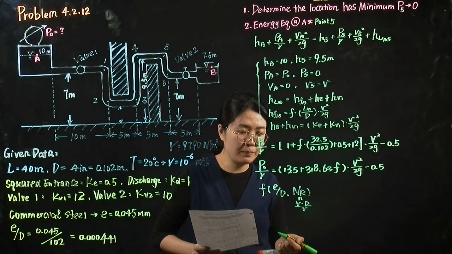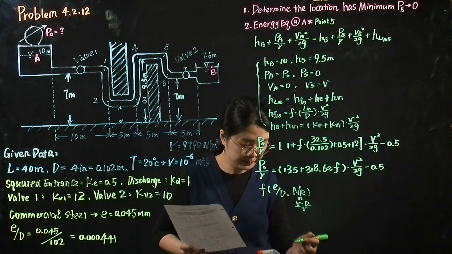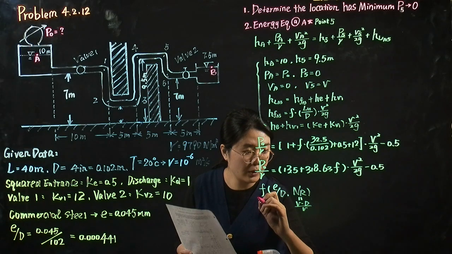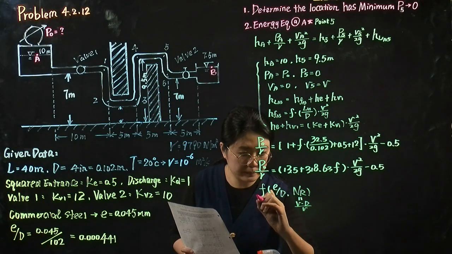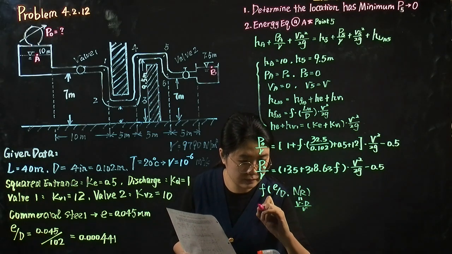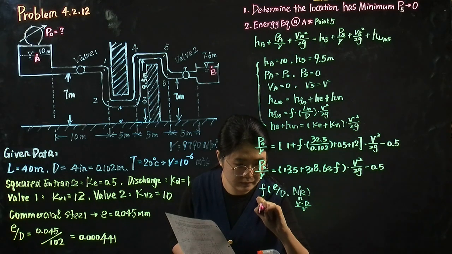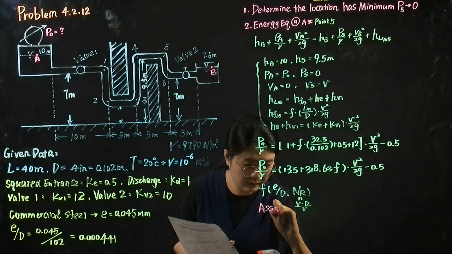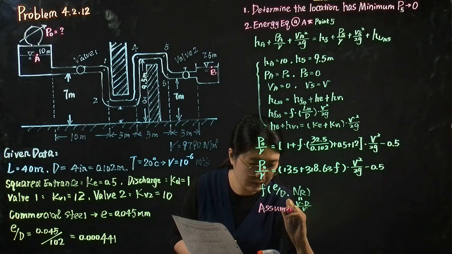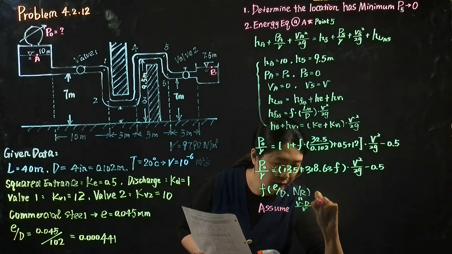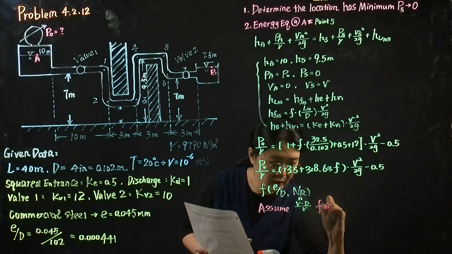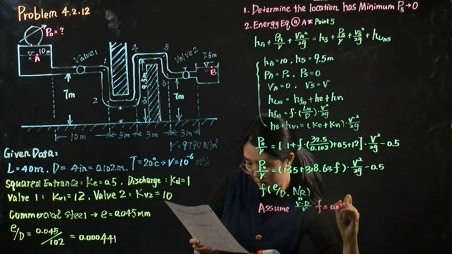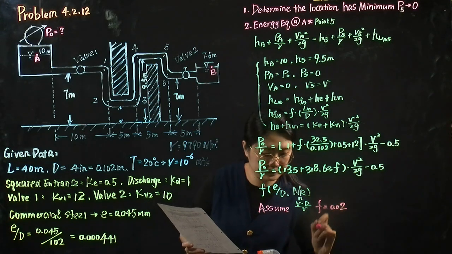Therefore, we need to make an assumption. So we need to assume the friction factor equals 0.02.